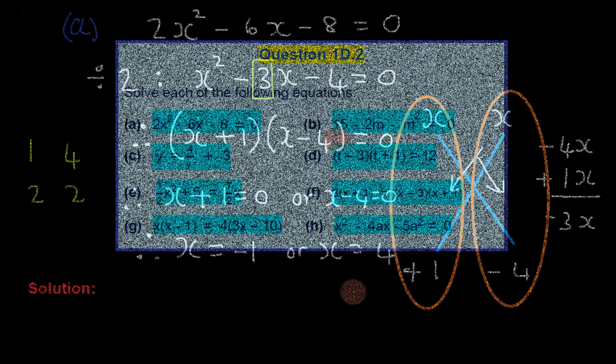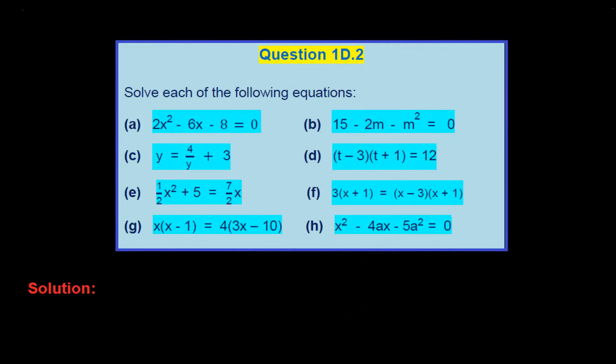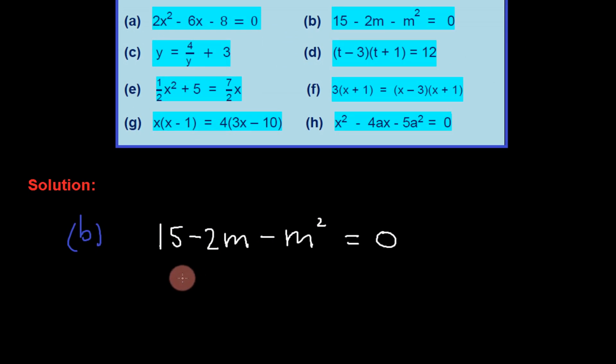Let's look at B. Here we first have to rewrite the equation in standard quadratic form. So we're going to change the order of these terms. So negative m squared, so the term in m squared first, then negative 2m, the term in m, and then plus 15.